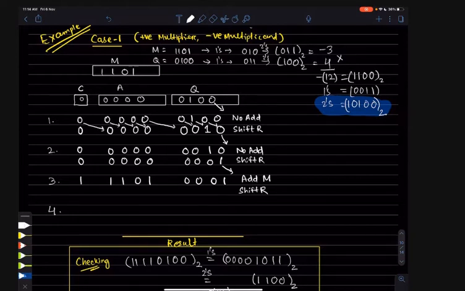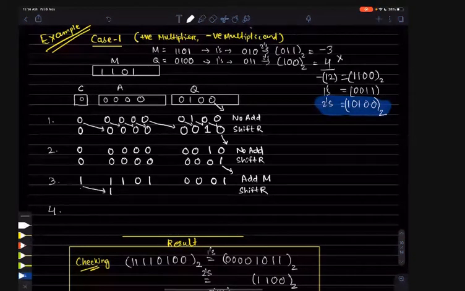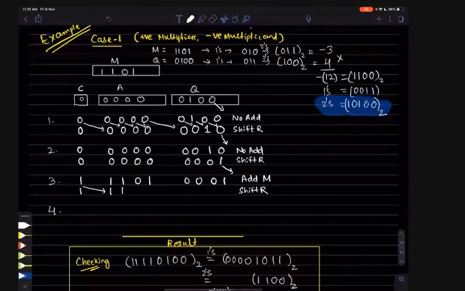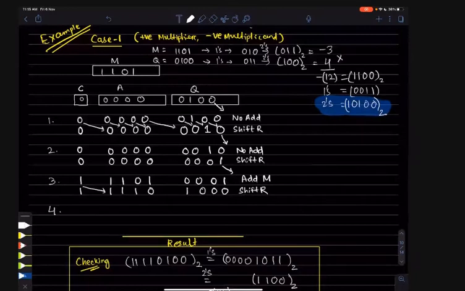Whenever this one is shifted here, what will be the content inside C? 1, because we are extending the sign. Then 1 1 1 0 1 0 0 0. We have shifted to the right side.